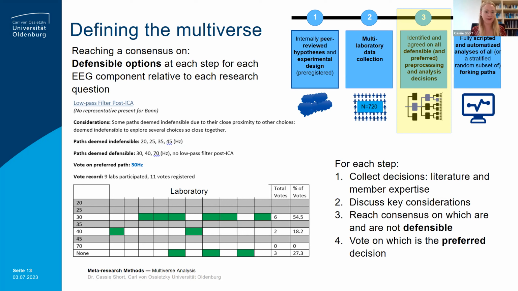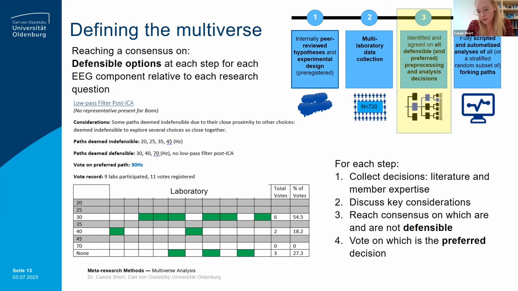So perhaps if you had a high pass filter of 30 and another of 40, then maybe it's not defensible to include 31, 32, 33, 34, and so on, because this will be doing what we were warned against by just exploding our multiverse, and then maybe our effects will get lost in what didn't need to be included in the multiverse in the first place, because each decision is then forked for all of the further decisions, so it can have a huge effect on the number of multiverse data sets that we end up with at the end.